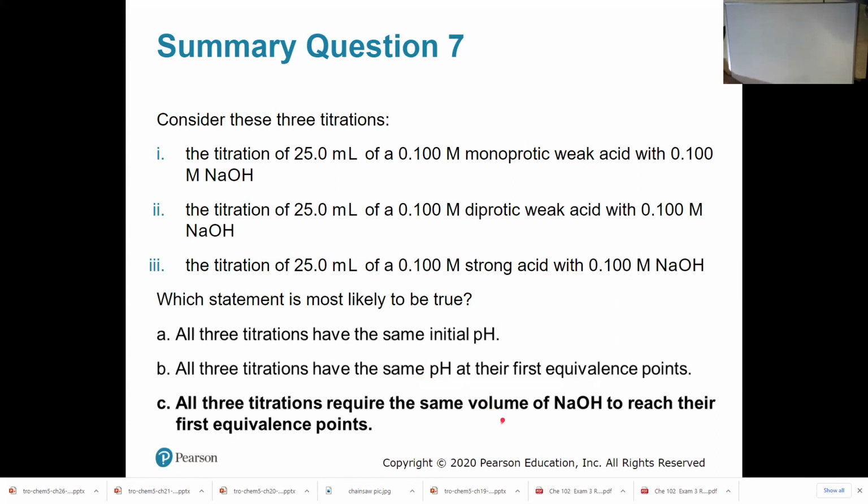And if you know the molarity of the NaOH and you know the moles of the NaOH, then the volume of NaOH that you'd be adding to get to that first equivalence point would be the same. So the concentration values of your H plus wouldn't be the same, but the amount of NaOH that you're going to be adding to get to that equivalence point would be the same.